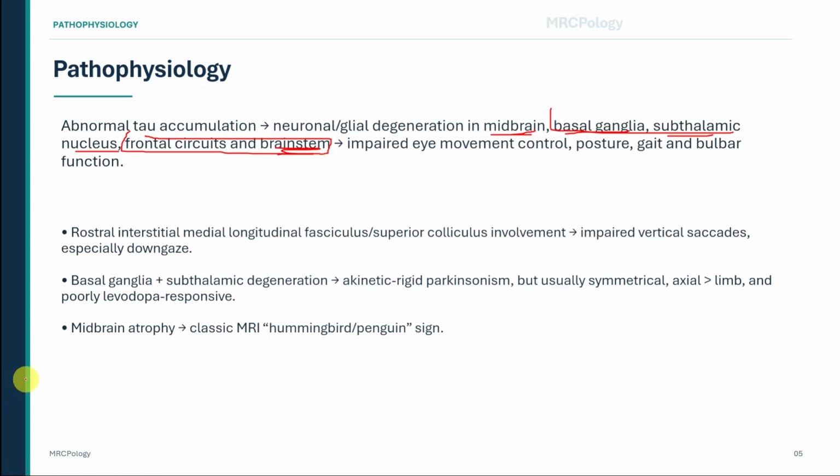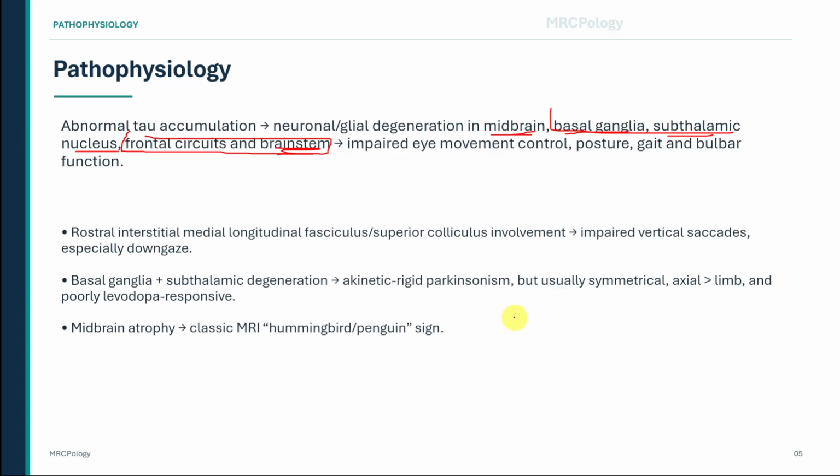The classic phenotype is PSP-Richardson syndrome. This is the one most commonly tested. The patient develops early postural instability and falls, usually within the first few years. The falls are often backwards because of axial rigidity and poor postural reflexes. The posture may be upright or extended, sometimes with retrocollis, rather than the typical flexed posture of Parkinson disease.